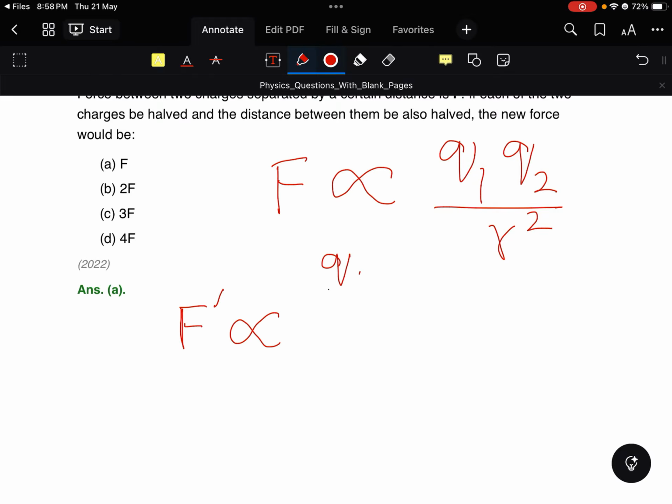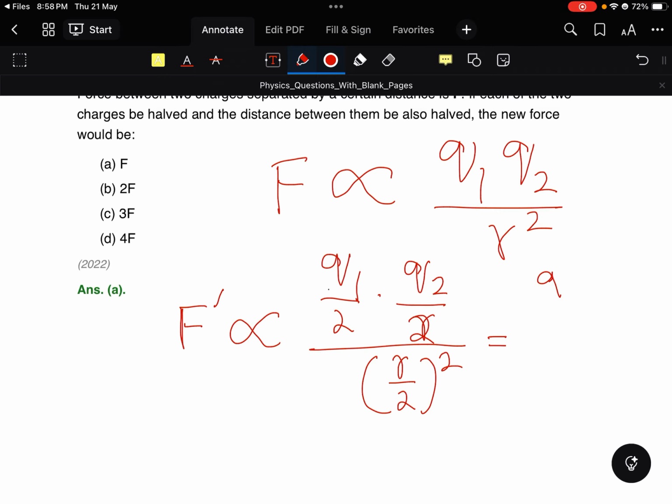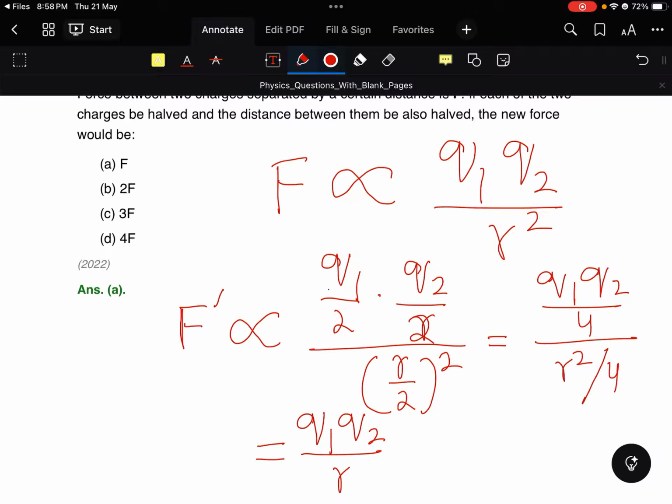F dash will be proportional to Q1 by 2 into Q2 by 2 divided by the whole square of R by 2. So it will be Q1 Q2 upon 4 divided by R square upon 4. You will get the same thing, which means there will be no change in the force. Force will remain the same.